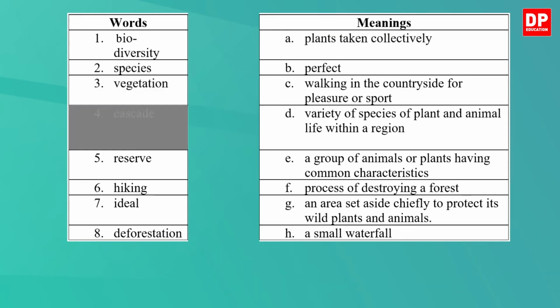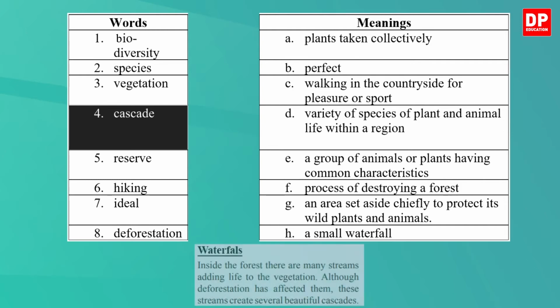Next word is cascade. Look at this sentence. Although deforestation has affected them, these streams create several beautiful cascades. What is a cascade? It is a small waterfall. So the answer is H.